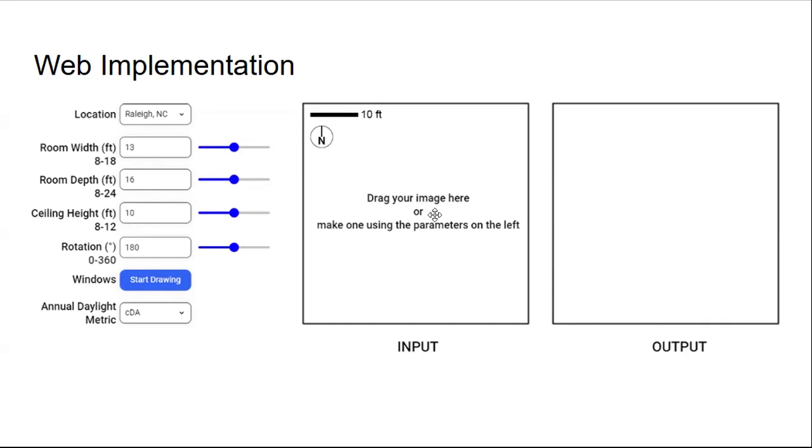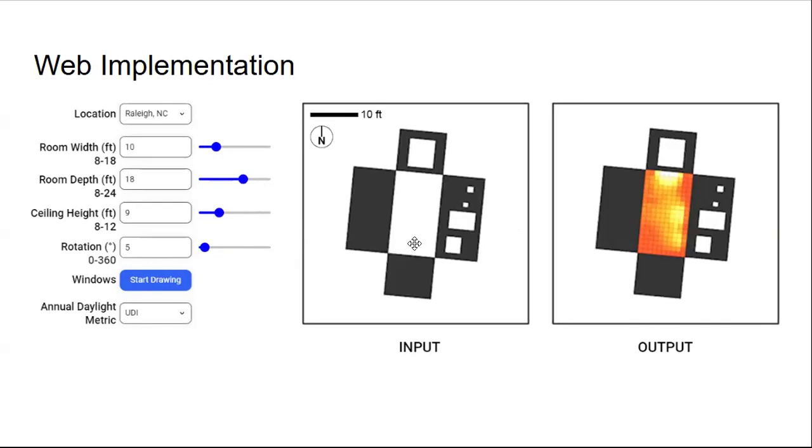The middle section displays a generated 2D map representing the space based on the input parameters. Users can also upload their own encoded maps created using different software such as Photoshop. The right section shows the daylighting results, allowing users to view them in real time. An example of this user interface, including results, can be seen in this slide.